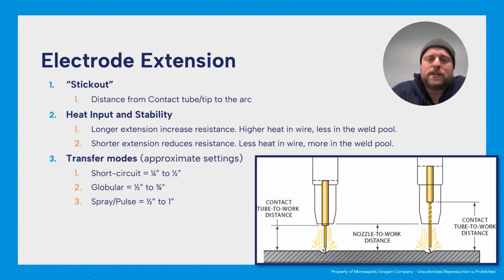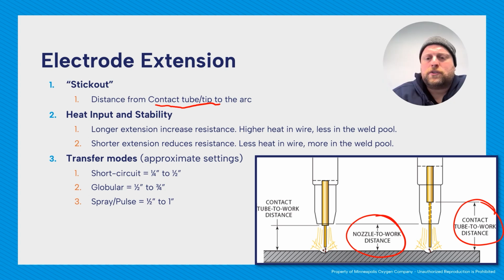Your electrode extension, that's your stick out. Very important thing, it's the distance from the contact tube or tip to the arc. A very common mistake I've seen people make is they think nozzle to work distance is contact tube to work distance. They're different. Here we see two different styles of guns. One has your contact tube just slightly proud of your nozzle, so from here to here is your contact tube to work distance.